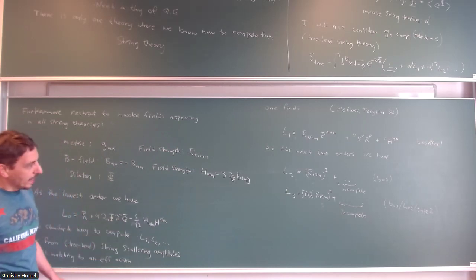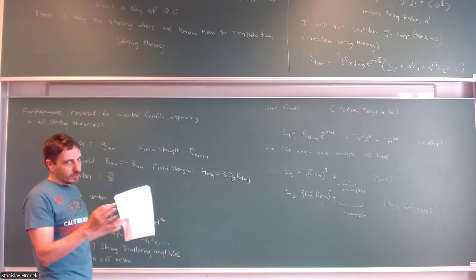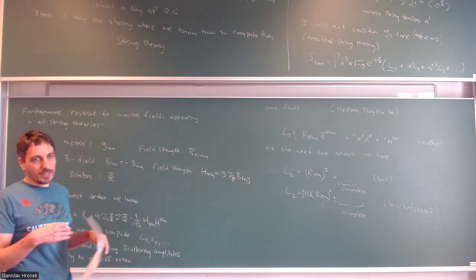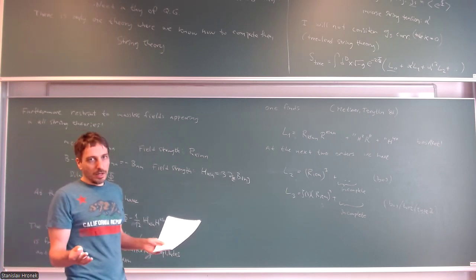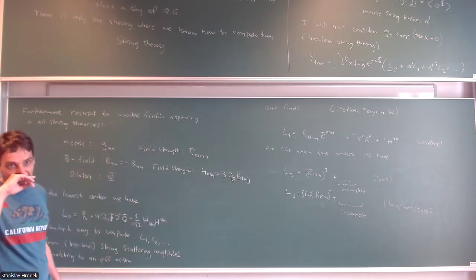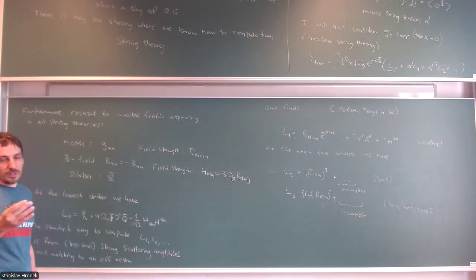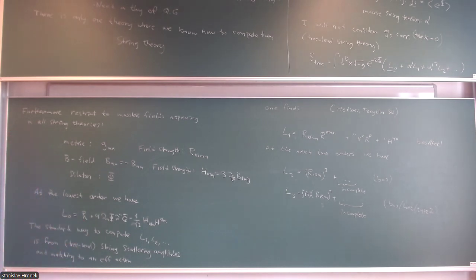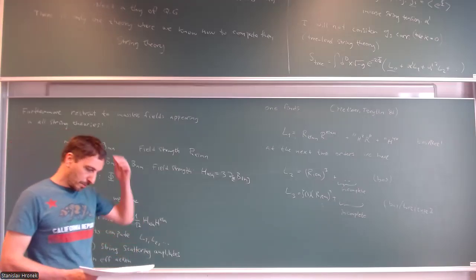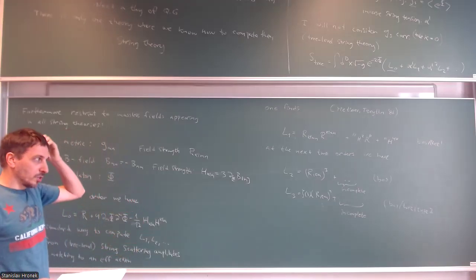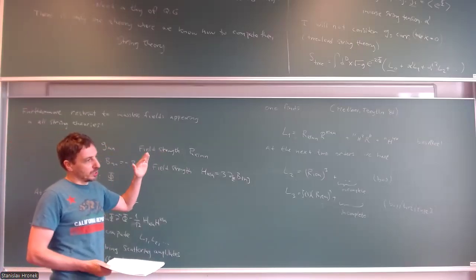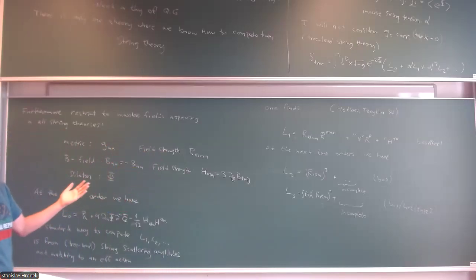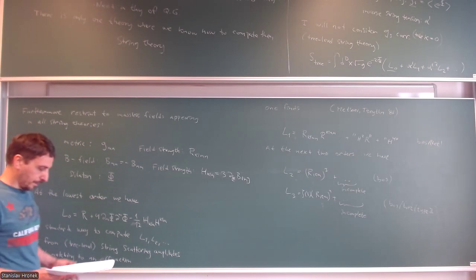Then you make an ansatz for an effective action, and you can use that effective action to compute the scattering amplitude. Then you ask that they agree. That gives you the effective action that reproduces by construction the amplitudes that you get from string theory. Okay. Thank you. So the idea is to have an action that reproduces all the scattering amplitudes that you get from string theory, up to some order, obviously.